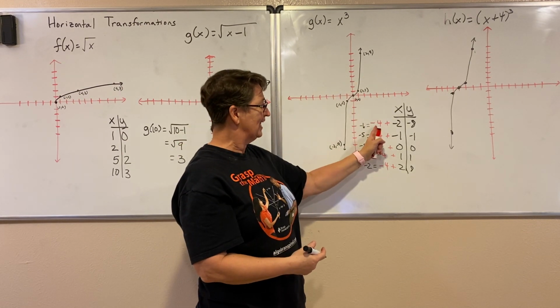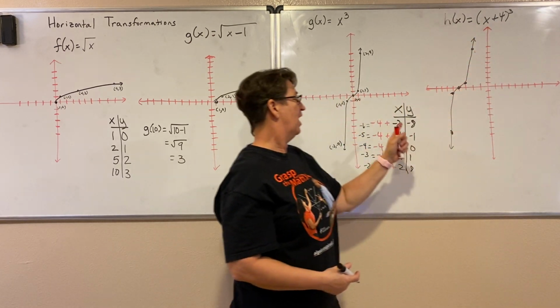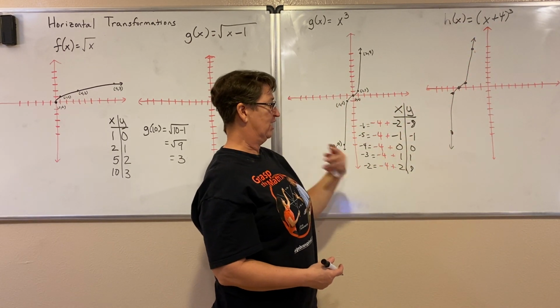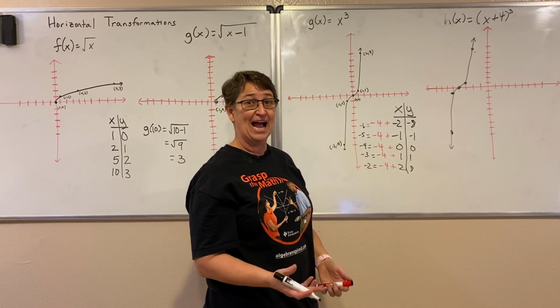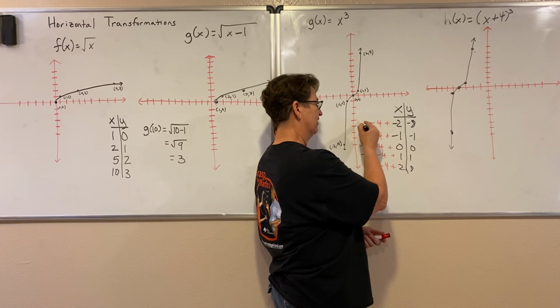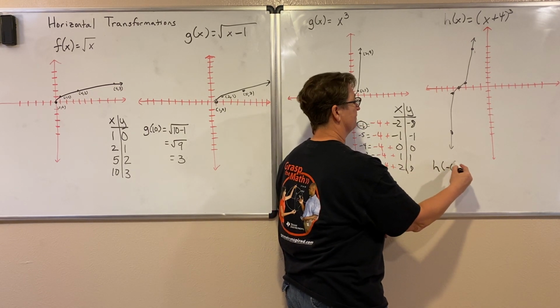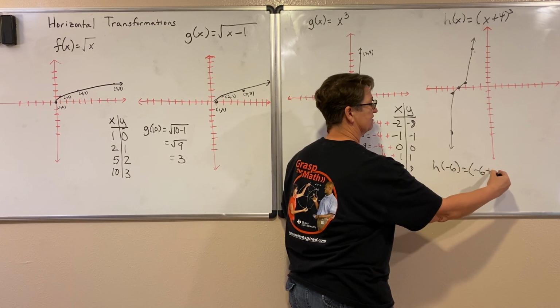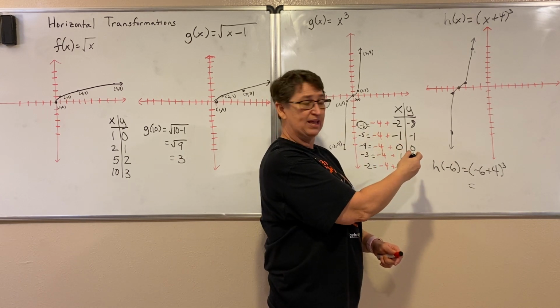So by adding a -4, the opposite of the +4, to all my x values, it just shifted it to the left. Now we can check to make sure that's actually a point on my graph. Let's take this -6 as my input. If I take -6 and add 4 to it, let's see if my output really is -8.